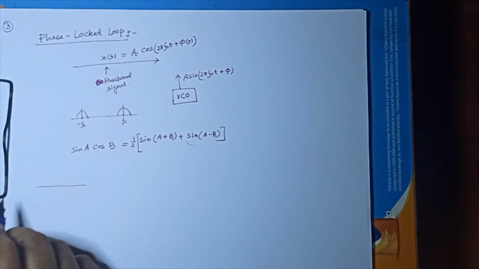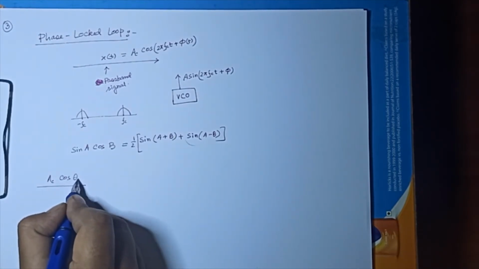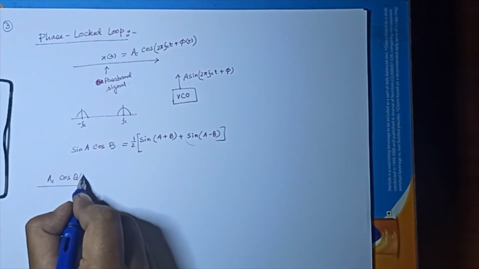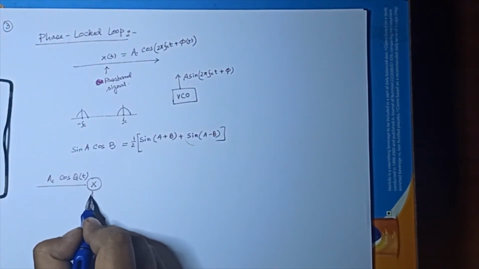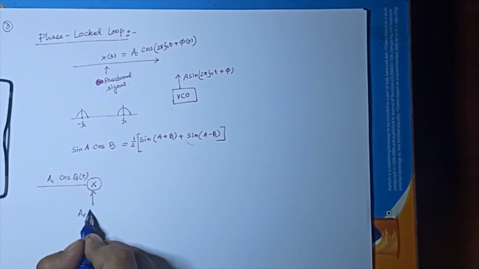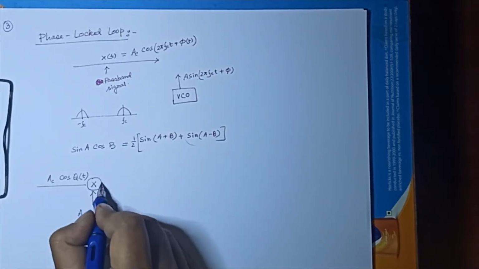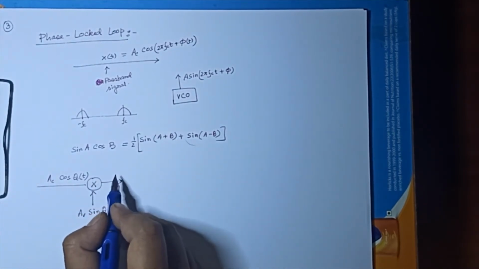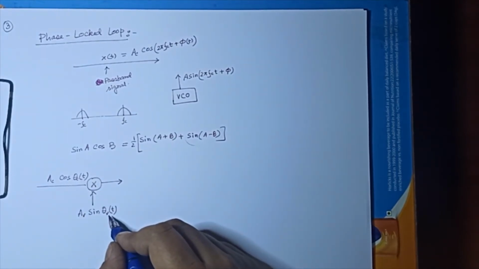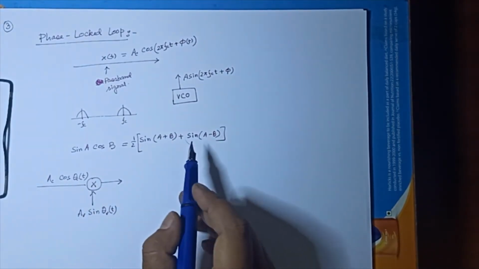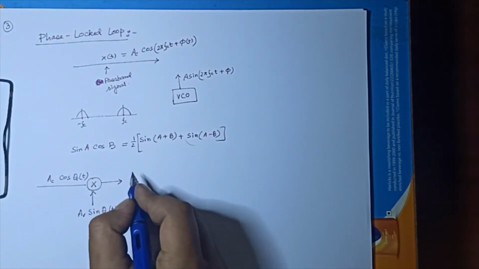Suppose you have a signal A_C cos θ_C(t). This is your signal, this is the angle, and you are multiplying it with A_V sin θ_V(t). What will you get? You will get half into sin(θ_C + θ_V) plus sin(θ_C - θ_V).